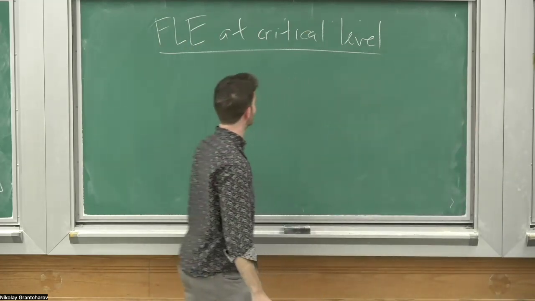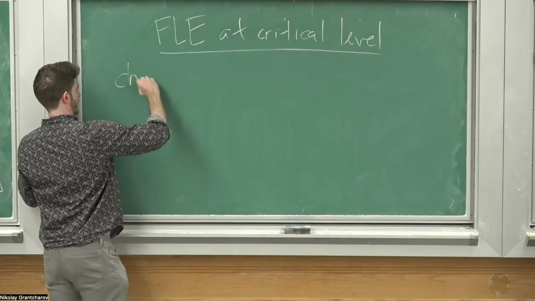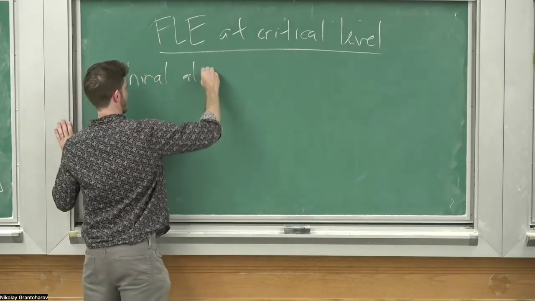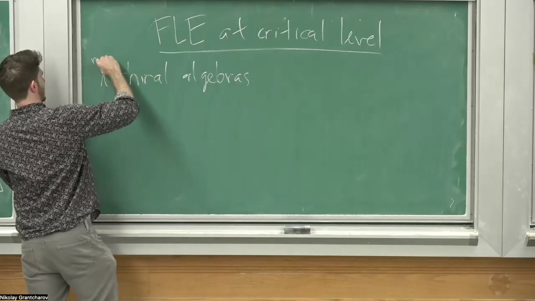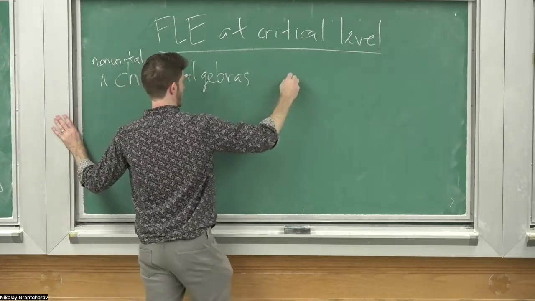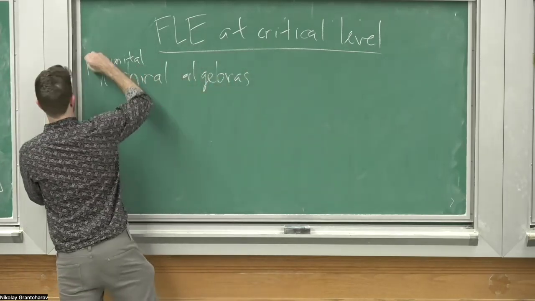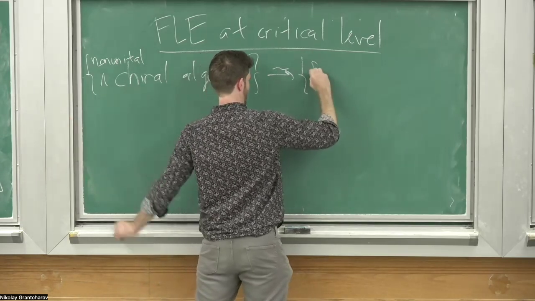So, great. Okay, so we had this discussion about chiral algebras, and I should say technically, non-unital chiral algebras are equivalent to this other kind of object called the factorization algebra.